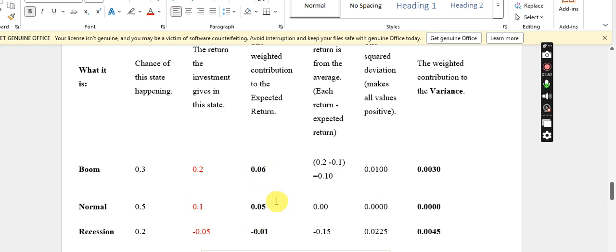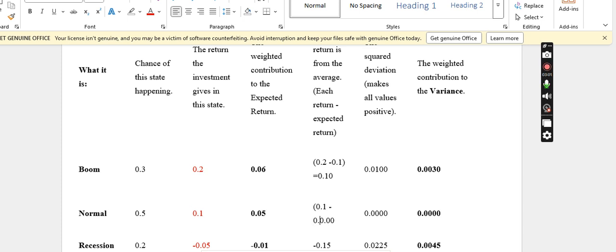When the economy is normal, the return is 0.1 minus the expected return 0.1, you get 0.